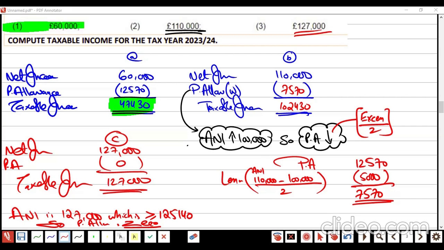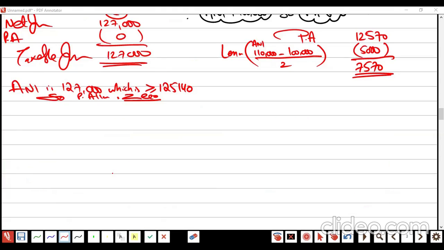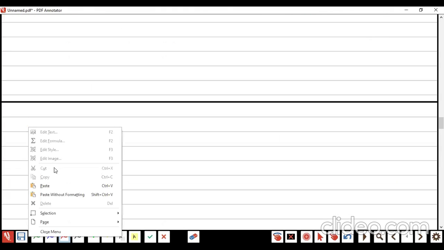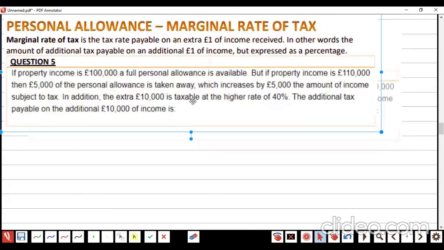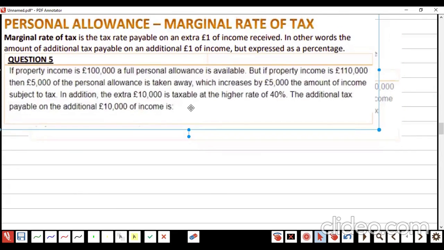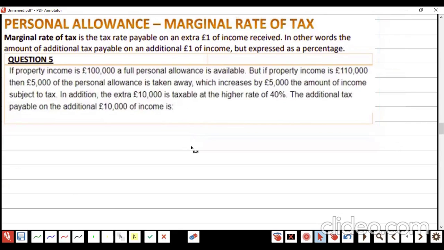Now, till here we completed. Now we have a new topic. When I'm teaching TX, I used to tell students 60% is the marginal rate of relief. Just memorize it and finish. It's usually in my quiz as well: the answer of marginal rate is 60%.